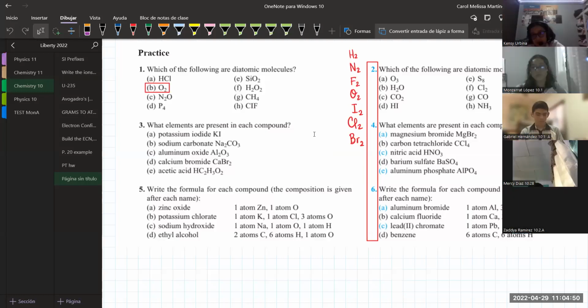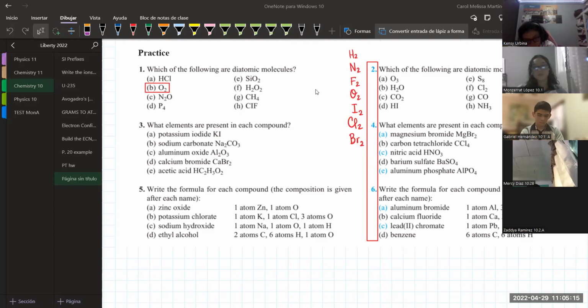In question 3, it says, what elements are present in each compound? So they're giving you compounds. It will be A, KI. So they're asking you what elements are present in each compound.